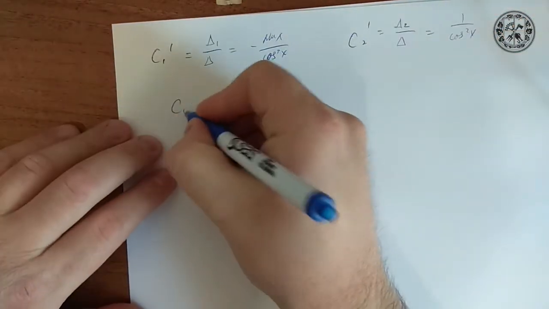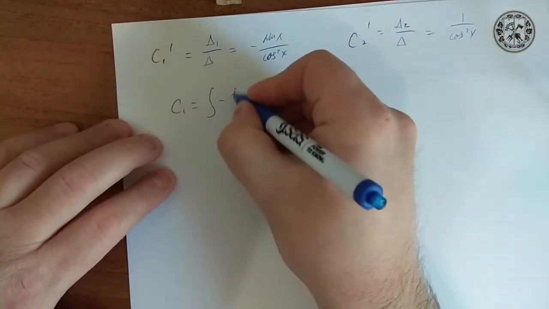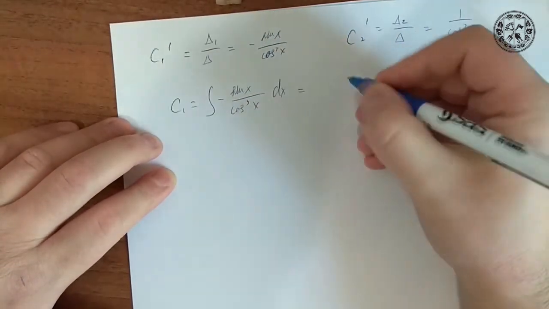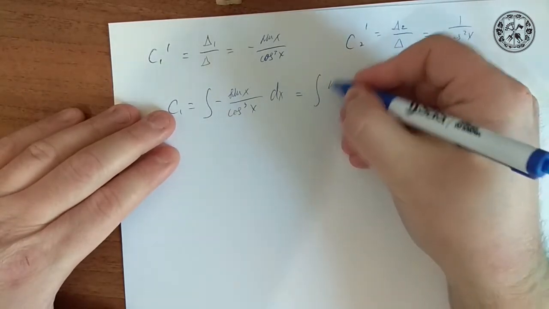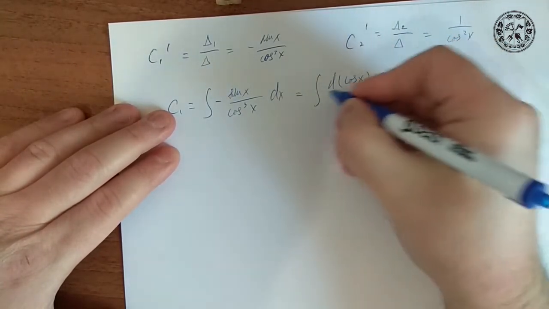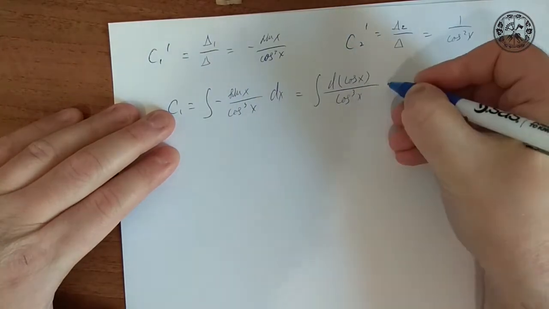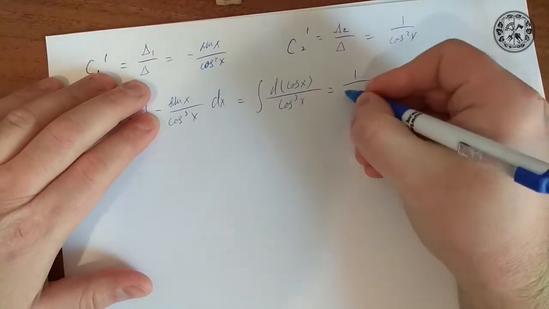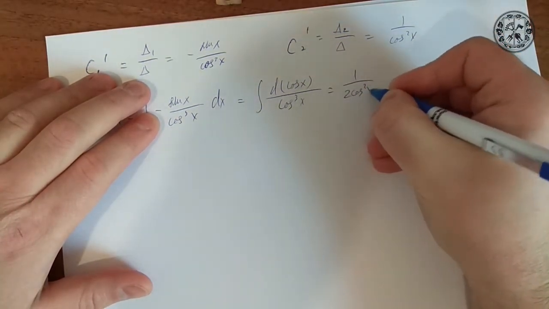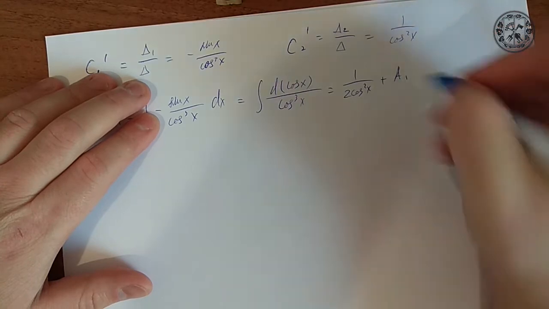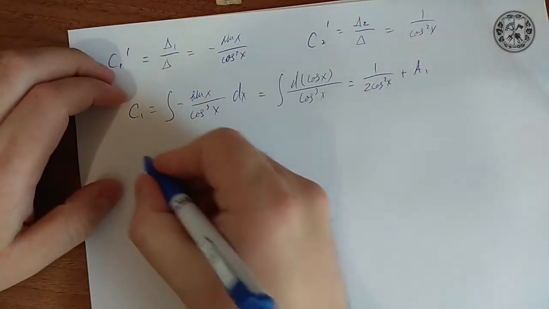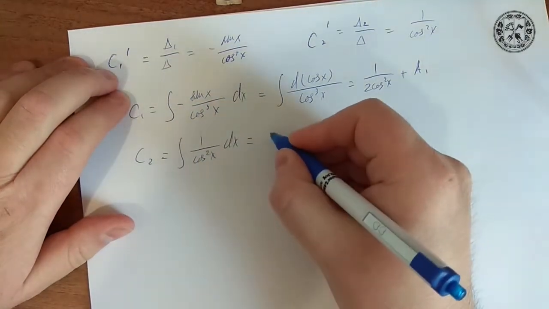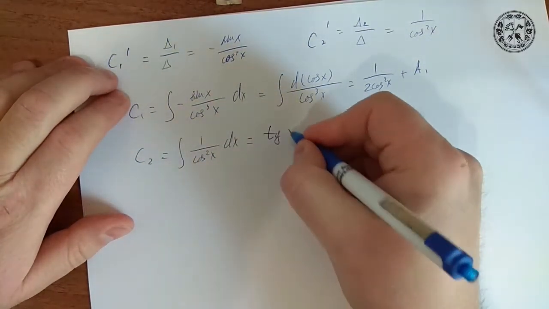So c1 will be the integral of -sin x/cos³x dx, which will give us the integral of d(cos x)/cos³x, and we will get -1/(2cos²x) + some constant a1. c2 will be the integral of 1/cos²x dx, which is a table integral, which gives us tan x + a2.